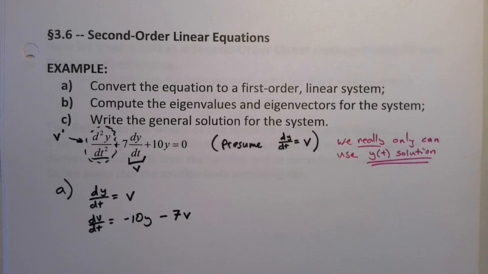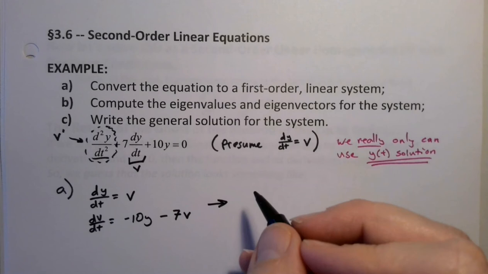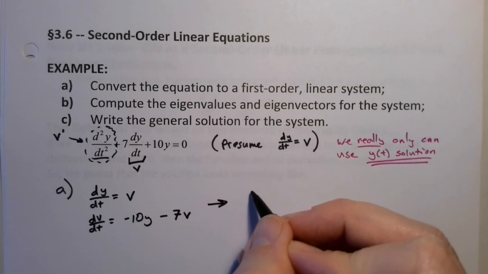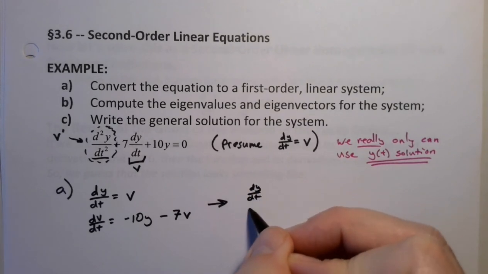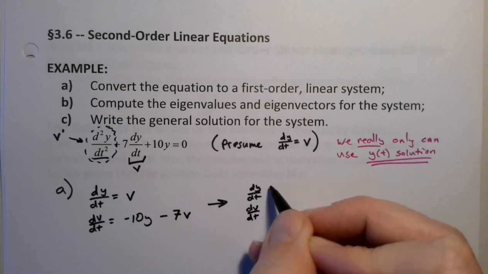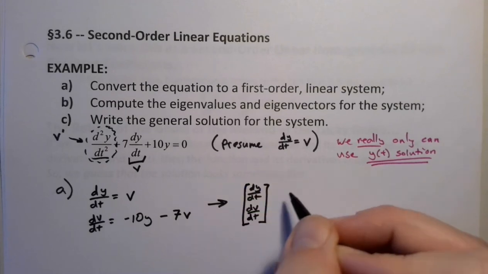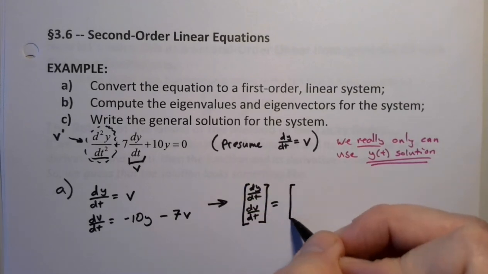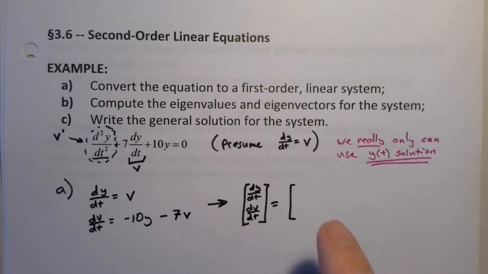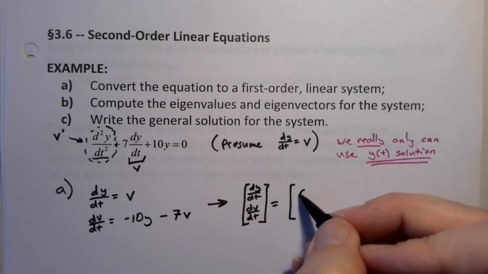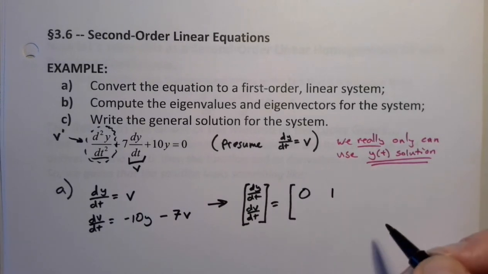which of course we can rewrite as a matrix equation, right? This could be rewritten as dy/dt and dv/dt is going to be equal to our coefficient matrix. Now we've got to be careful. Our coefficient matrix is going to be y term first. So in that first equation there's 0 for the y term and 1 for the v term.